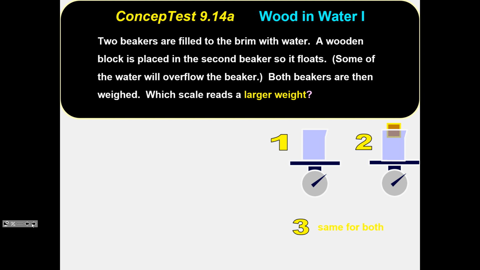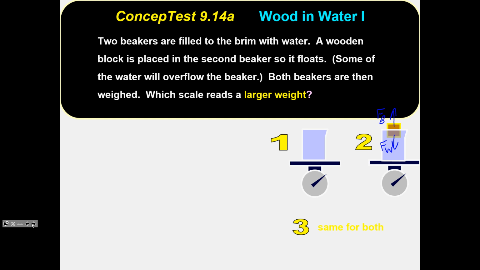And now I want to know which one of these reads the larger weight. A similar idea here, as we saw in the previous one, is that the buoyant force acting on this block is equal to the weight of the block. But also, the buoyant force is equal to the weight of the displaced fluid. And where did the displaced fluid go? It flowed over, right?